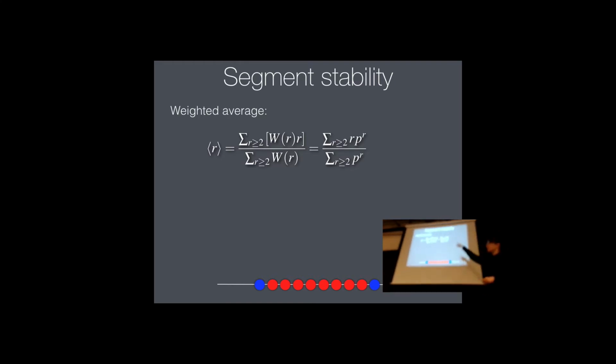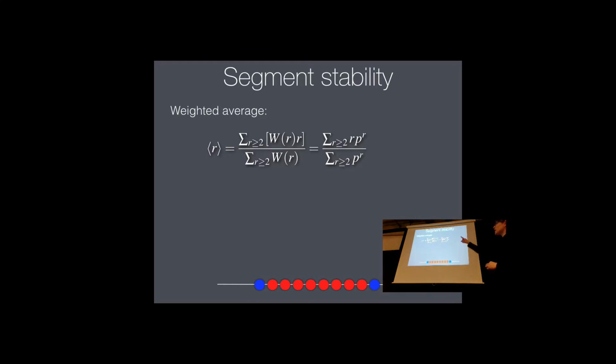Do you recognize the formula for the weighted average? You take the value of the quantity you're trying to calculate the weighted average of, R. You multiply it by the probability of that specific value, and you sum over that, and you divide by the sum of all probabilities. Yes?